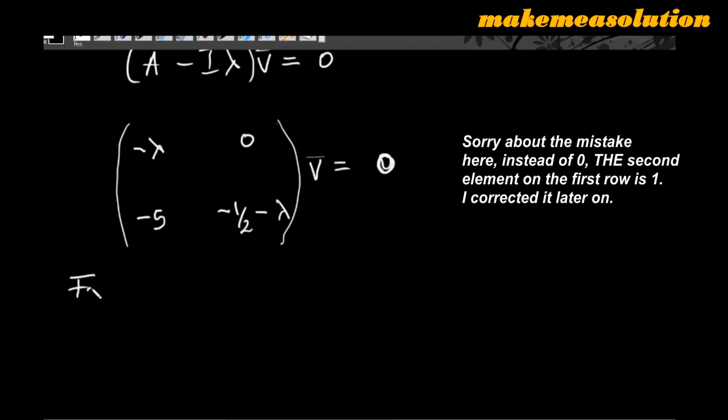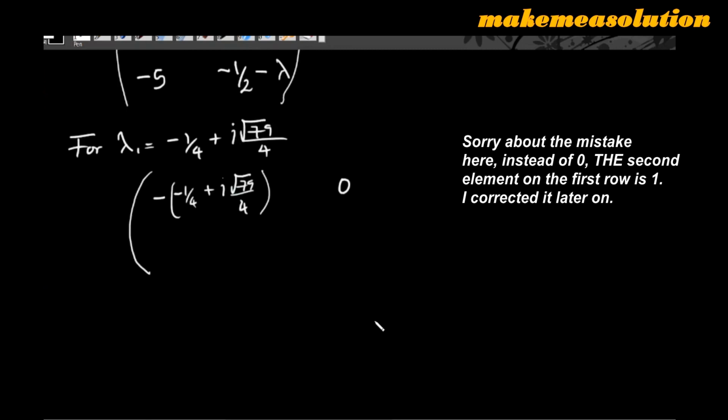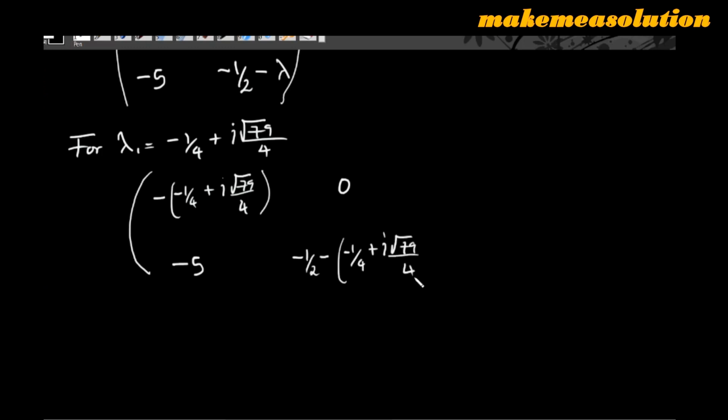For lambda 1 equal to negative 1 over 4 plus i root 79 over 4, this transforms as minus into minus 1 over 4 plus i root 79 over 4, then 0, then minus 5, and then minus 1 over 2 minus minus 1 over 4 plus i root 79 over 4.